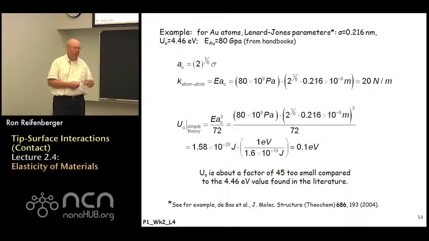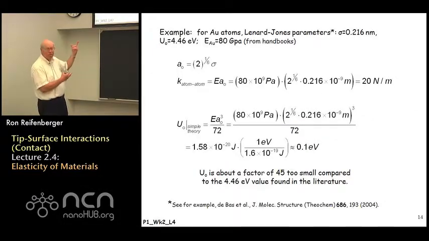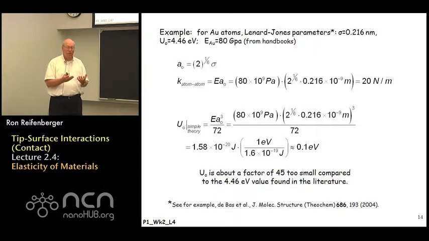In this particular view graph, I just take these expressions that I derived and calculate what you would predict for the parameter U0 based on, let's say, gold. So I looked up the parameters for a Lennard-Jones model in gold.